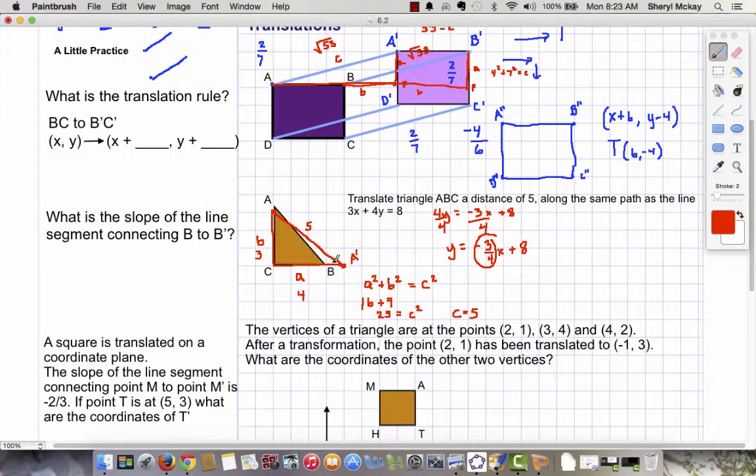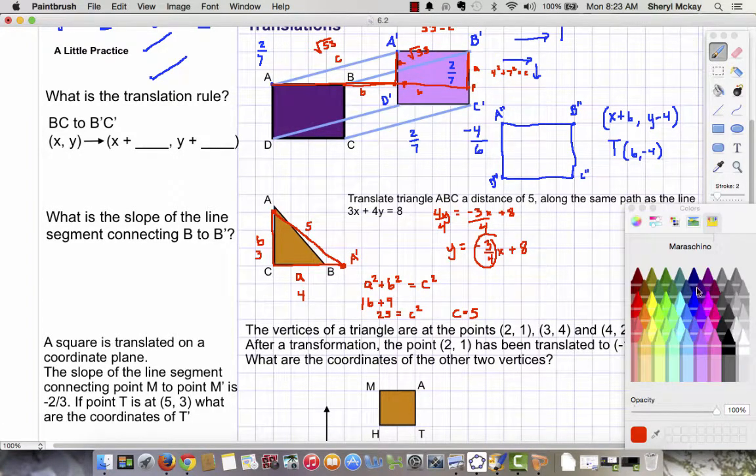All right, so I'm going to go ahead and say that this is A prime. And I think I'm going to change my color so that you can see what I'm doing here. This is A. And then I'm going to translate B down 3, 1, 2, 3, and over 1, 2, 3, 4.